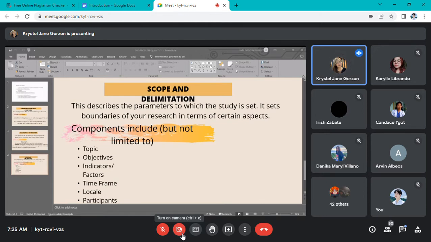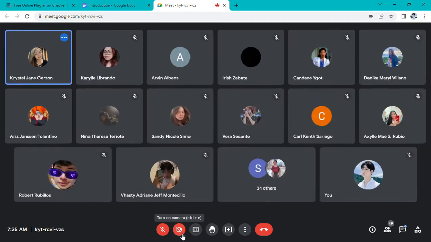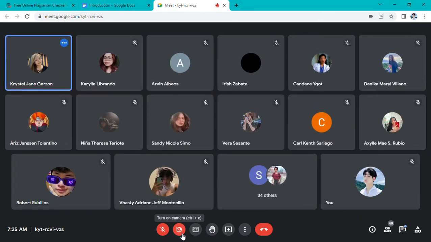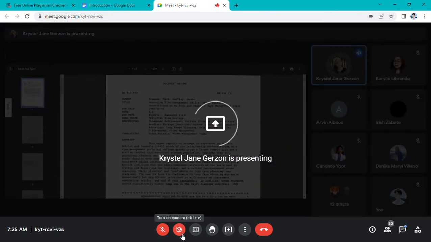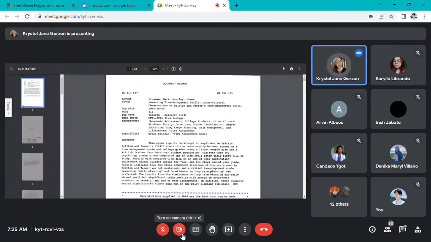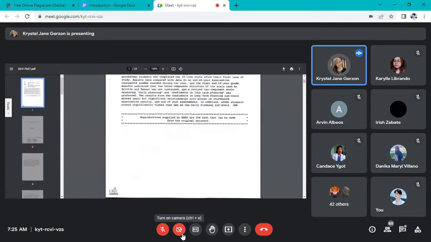For example, let me show you an example again, kasi nalimot mo ani. I think I have shown you this when I discussed how to look for an instrument. So for example, this is a scale for time management skill.